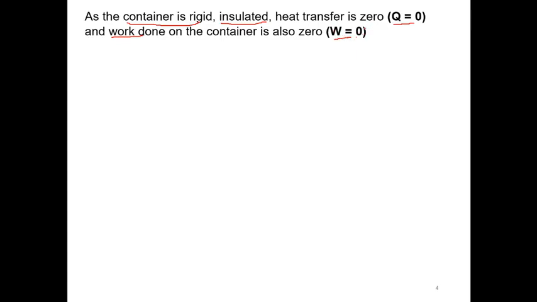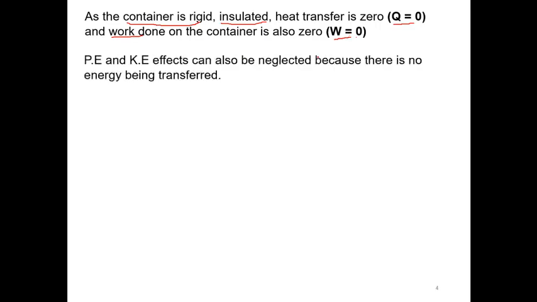So there is no change of volume, no expansion, no mechanical output, so the system cannot move. So the work done is also 0, right? And we ignore any change of height. Kinetic energy effect can also be ignored.